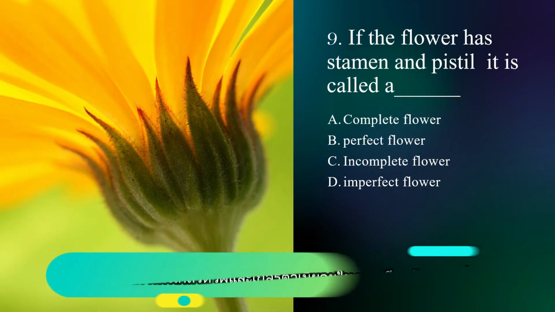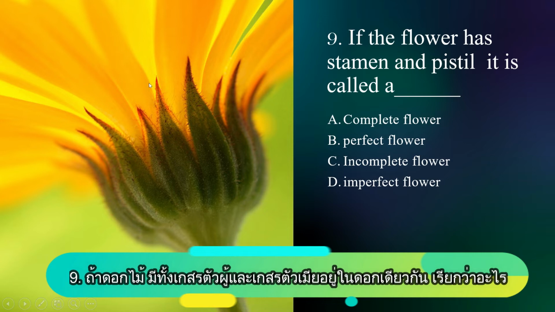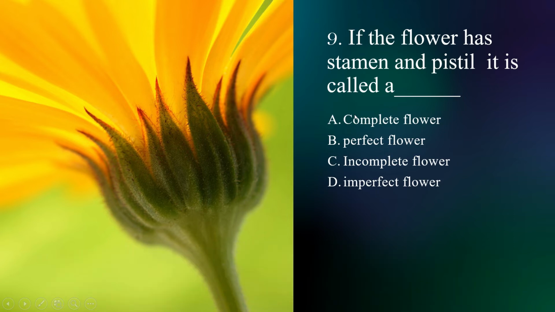Number 9. If the flower has stamen and pistil, it is called a blank. Okay, if the flower has stamen and also pistil, it means the flower has two parents.